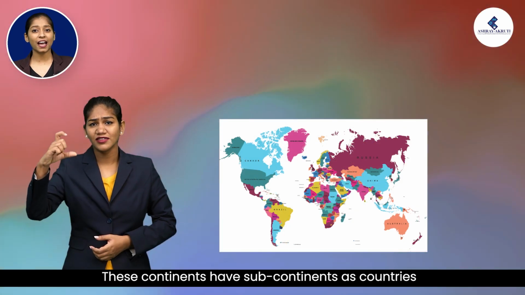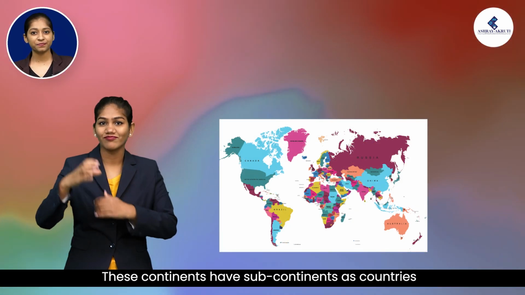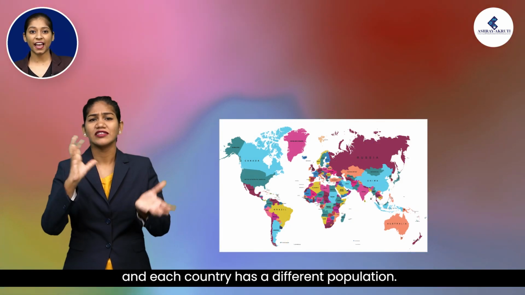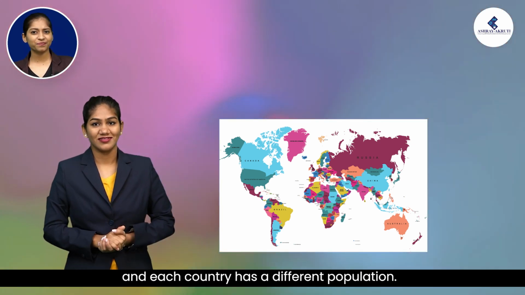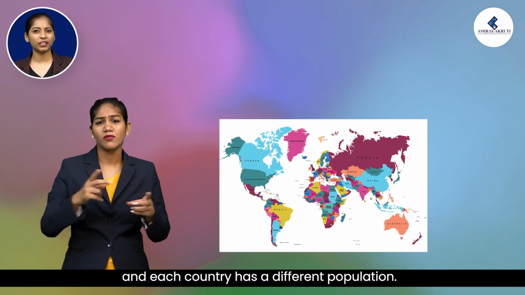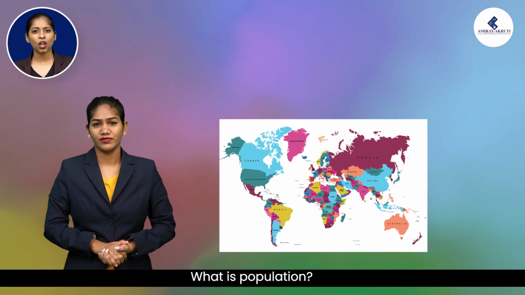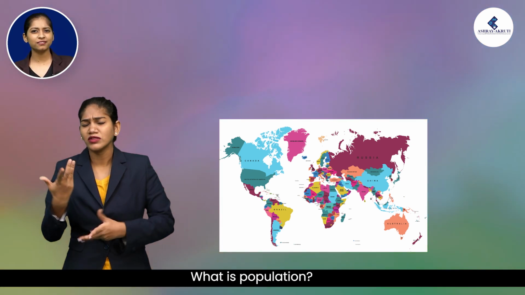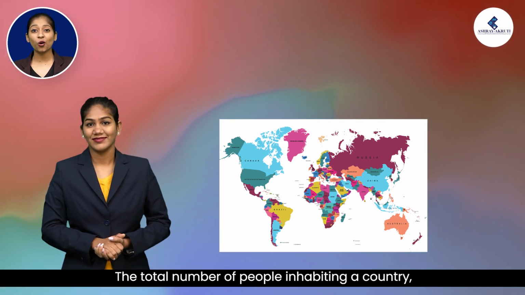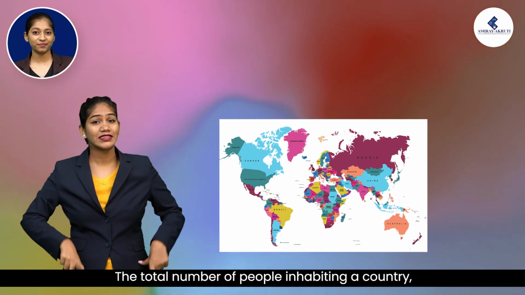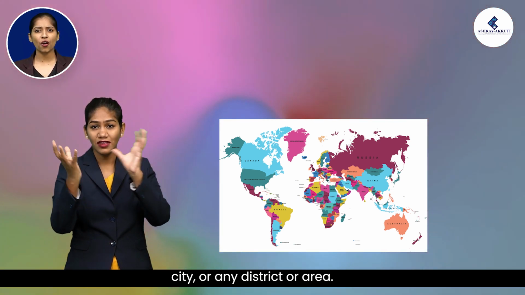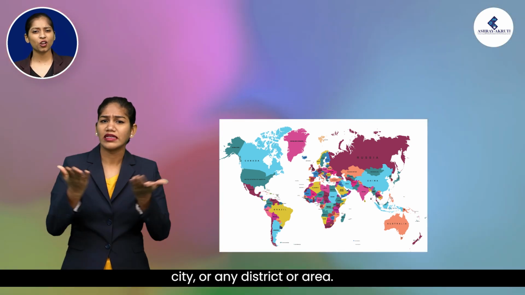These continents have subcontinents as countries, and each country has a different population. What is population? The total number of people inhabiting a country, city, or any district or area.